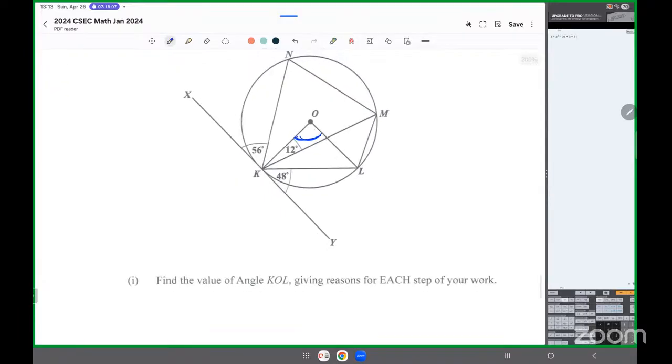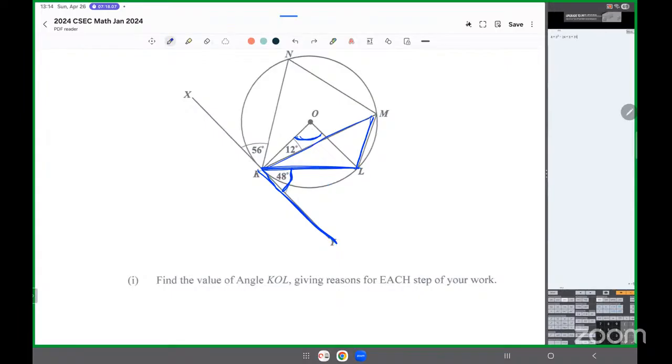All right, we're going to get that angle. So that angle is subtended by this chord. That chord is making an angle of 48 degrees with the tangent. So the chord will subtend the same angle at the circumference up here. So this angle is also 48, just like this. But the one at the center is twice.